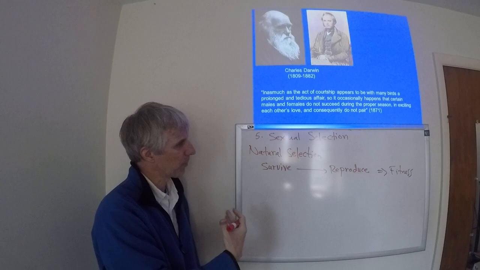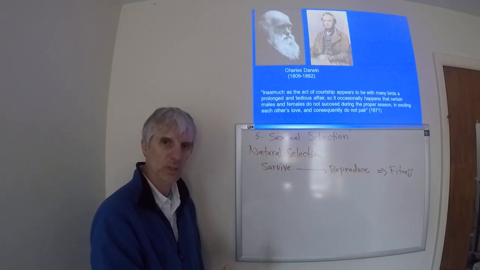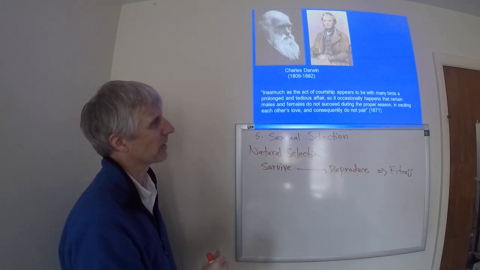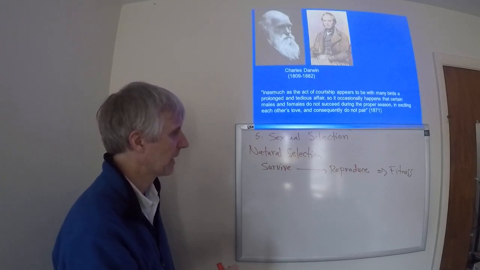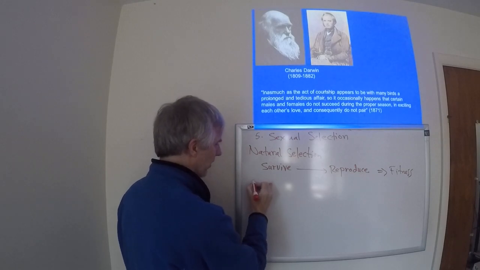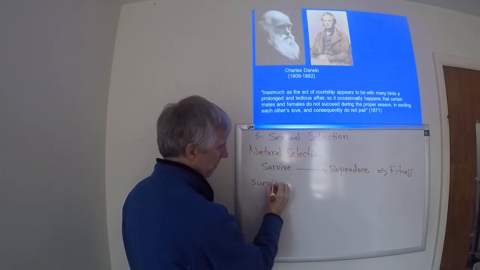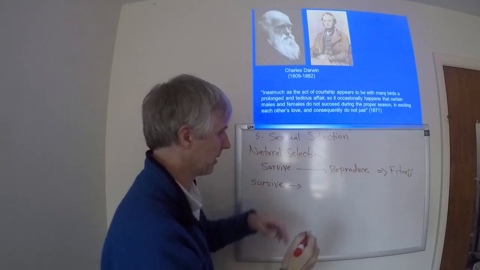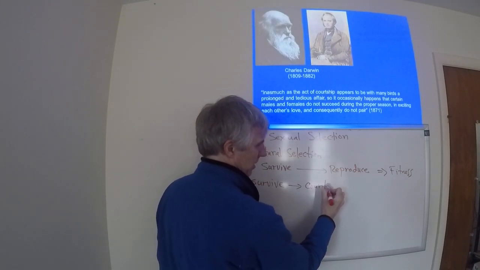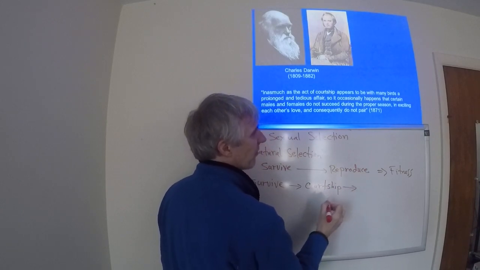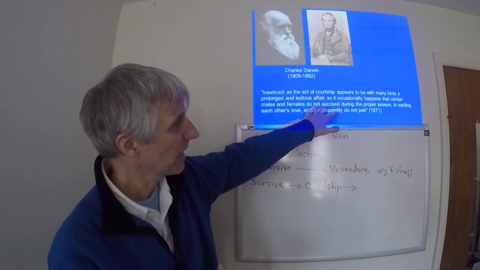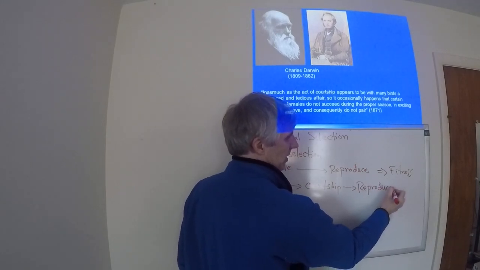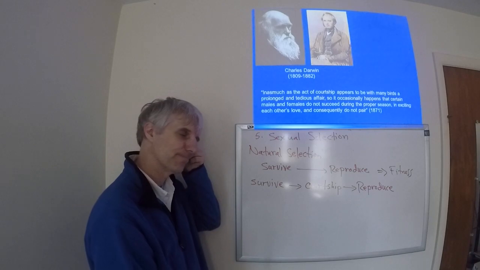And this is the property that natural selection works on. Well, Darwin's description of sexual selection here has an extra step. You don't just survive and reproduce, you have to survive and then courtship, and then if you succeed in courtship, this gets you to reproduction.